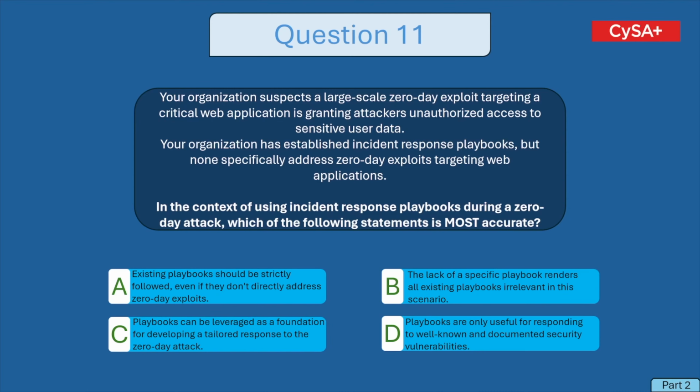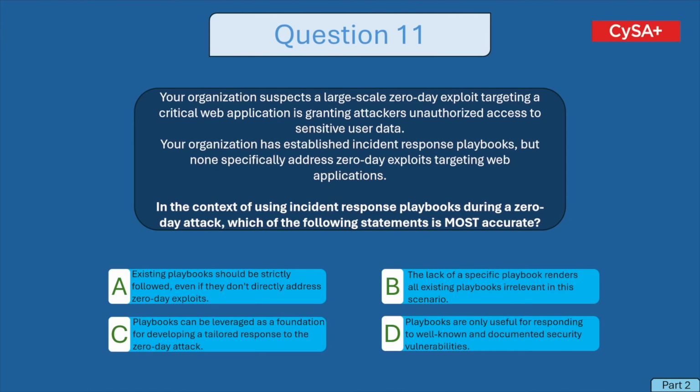A. Existing playbooks should be strictly followed, even if they don't directly address zero-day exploits. B. The lack of a specific playbook renders all existing playbooks irrelevant in this scenario. C. Playbooks can be leveraged as a foundation for developing a tailored response to the zero-day attack. Or D. Playbooks are only useful for responding to well-known and documented security vulnerabilities.